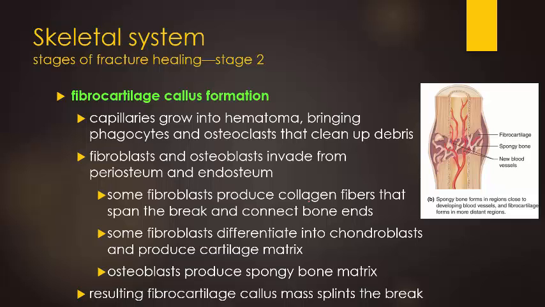So then fibroblasts and osteoblasts invade from both the periosteum and the endosteum. So that inner layer of the bone will grow out and begin to cover over the trabeculae that begin to form. And up here at the surface, a periosteum will form around the hematoma.